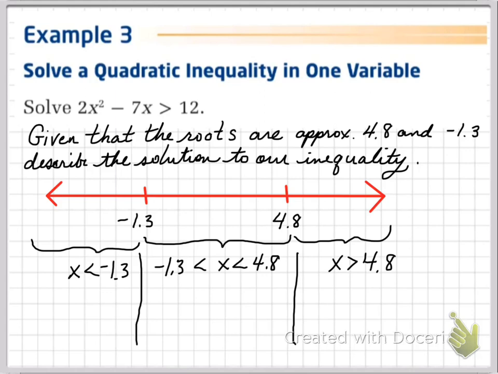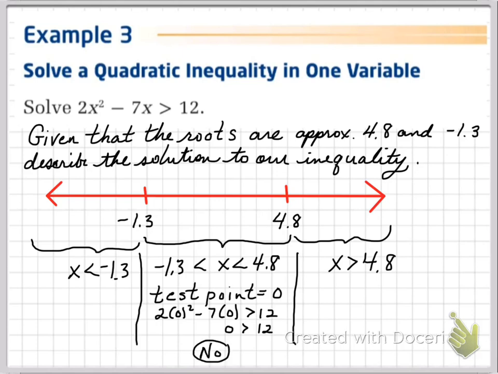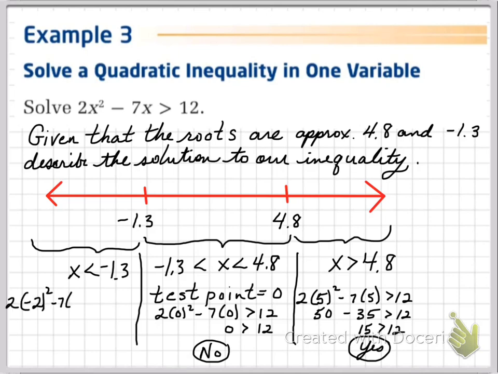So now we're going to plug in a value. Always start with 0. It's nice and easy to work with. Test point is 0. 2 times 0 squared minus 7 times 0 is greater than 12. Is 0 greater than 12? Of course not. No, that's not part of our solution. Over here, 5. 2 times 5 squared minus 7 times 5 is greater than 12. Is 15 greater than 12? Yes. And over here, I'm going to pick something like -2.